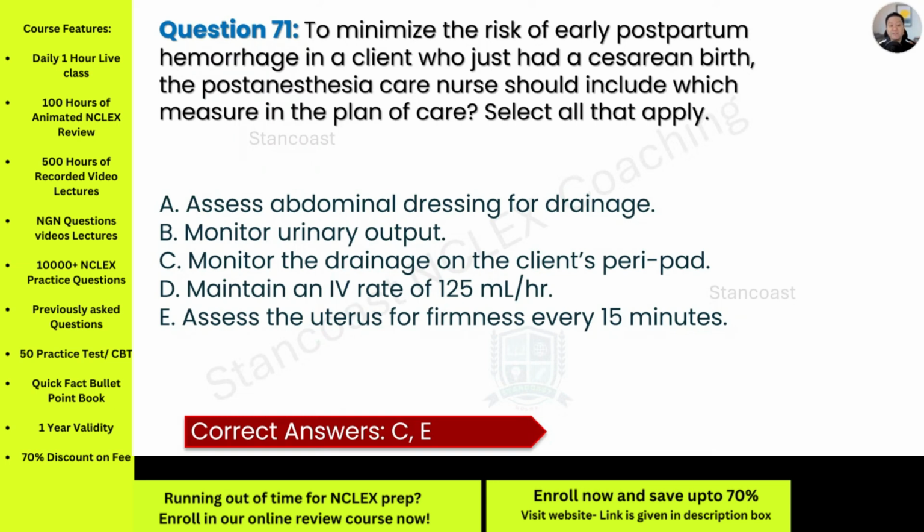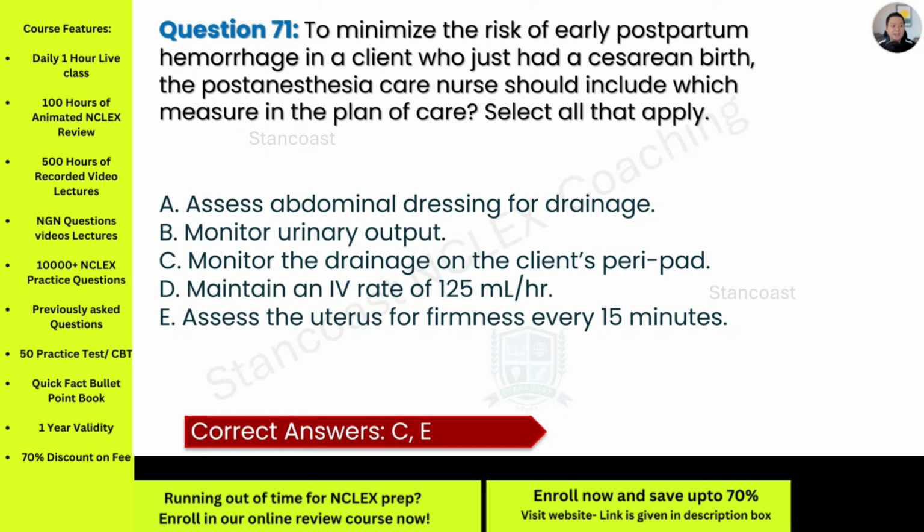And so if the uterus is boggy, it's soft, this can result in hemorrhage, and you need to make sure that you are detecting this boggy uterus to act on it as early as possible, and in order for us to administer the needed medications to stimulate the contractions.